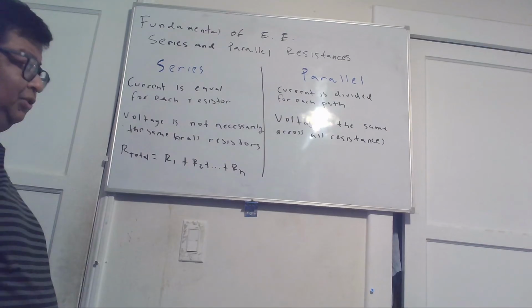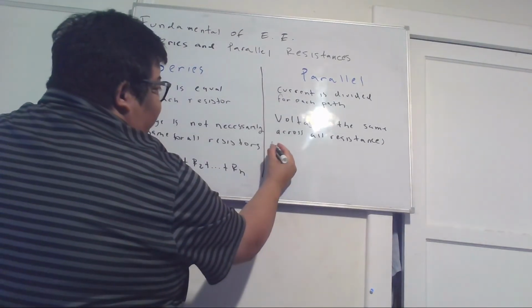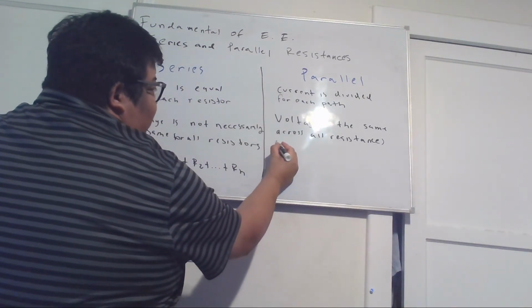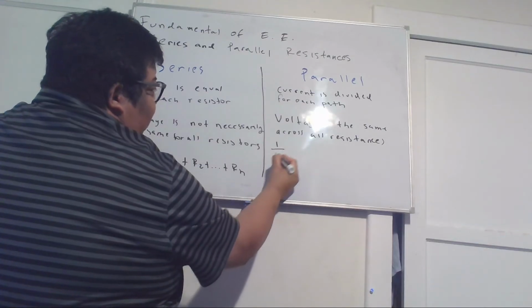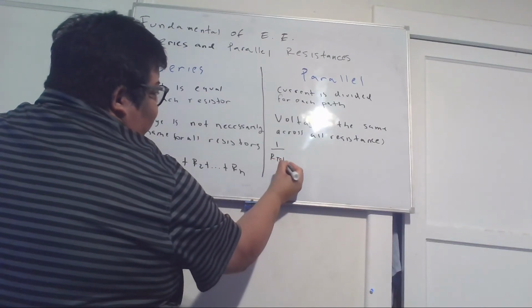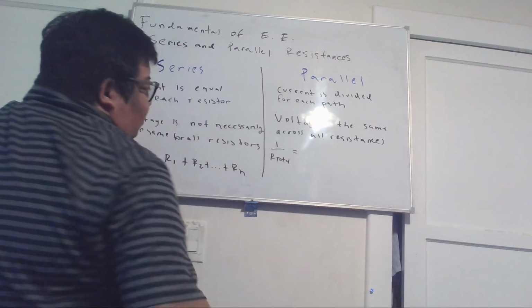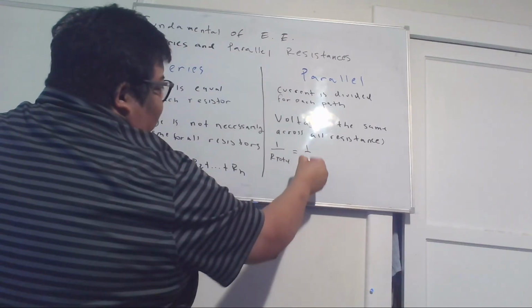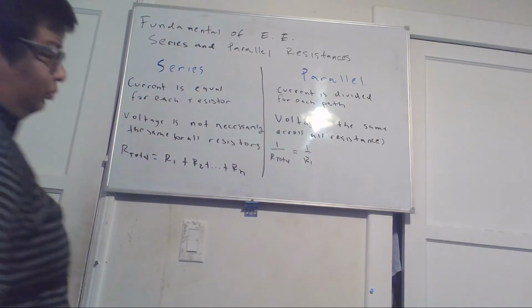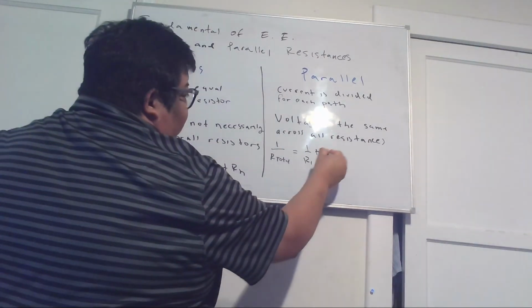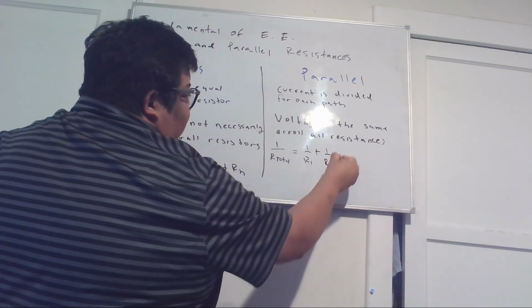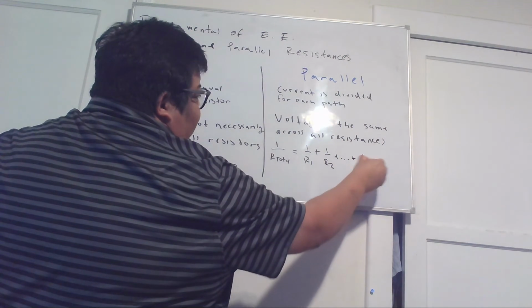And then for the R total, it's a little different. So the way it's done is as follows. So 1 over R total is equal to 1 over R1 plus 1 over R2 all the way to the last resistance.